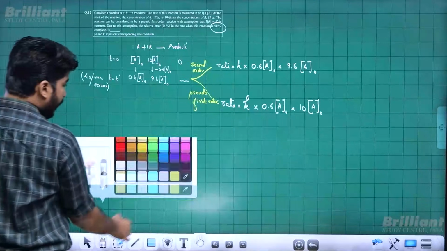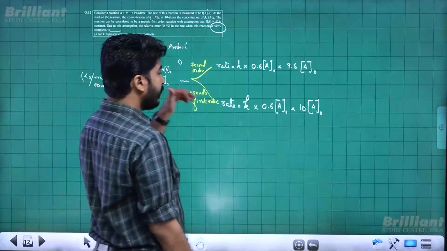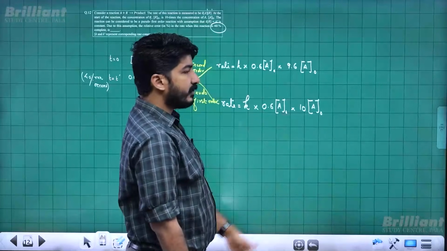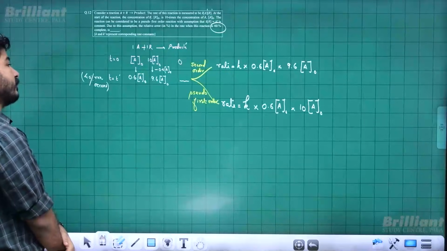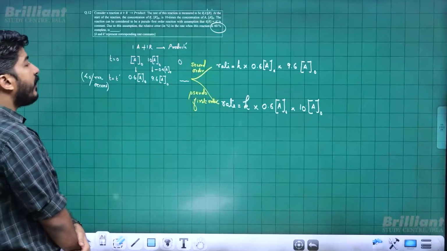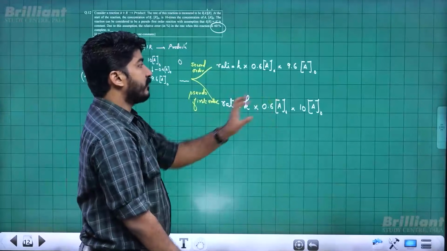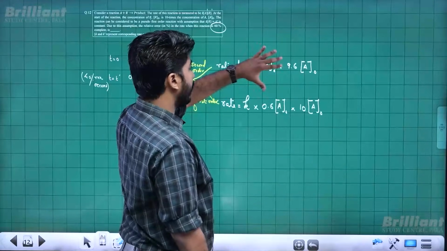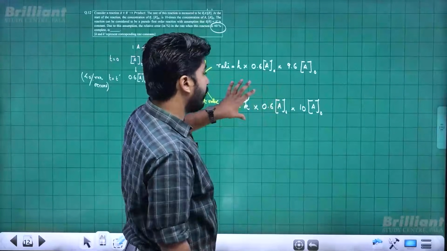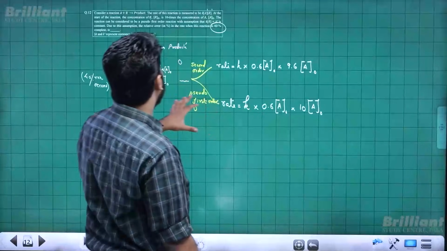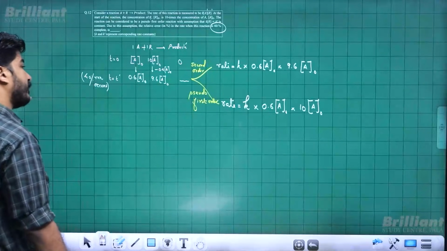So that is the rate of the reaction at 40% completion, if we assume the reaction as pseudo first order reaction throughout its course. So we need to identify the error occurred in this assumption. This is the actual value. This is the assumed or approximate value as per pseudo first order considerations.